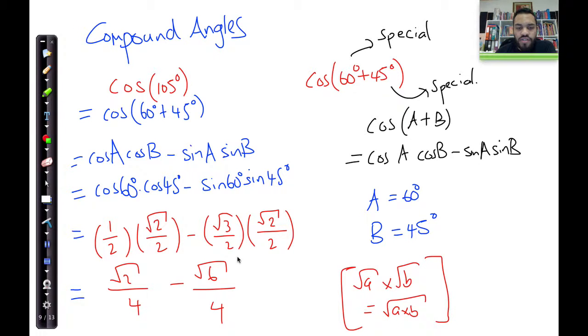And if you want to go further, you can say that's root 2 minus root 6 over 4. Of course, this is correct, and so is this. Now, there's an example as to how we can see cos of 105.